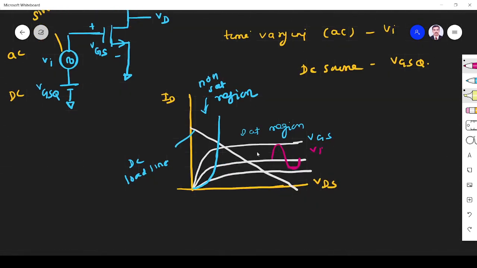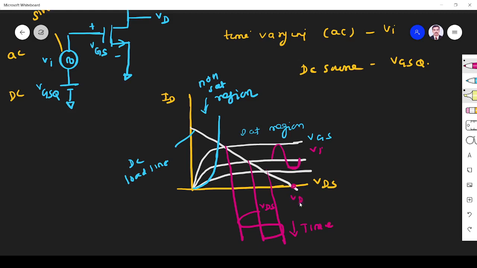In the saturation region, you see the input is amplified. VGS, the gate voltage, is the input, and the drain to source voltage VDS is the output. This is VDS, this is time. So the signal is amplified.